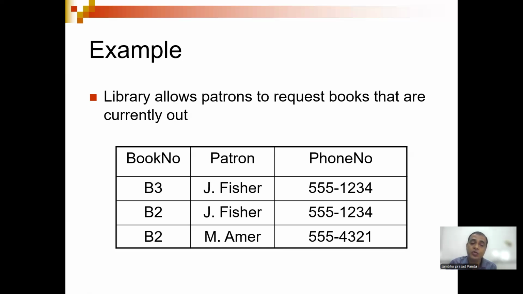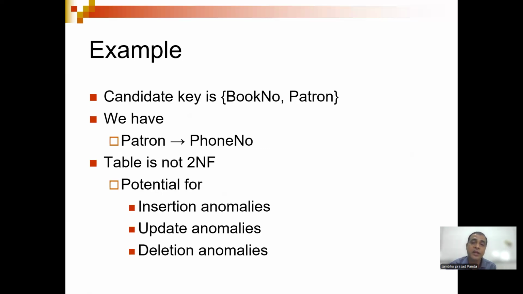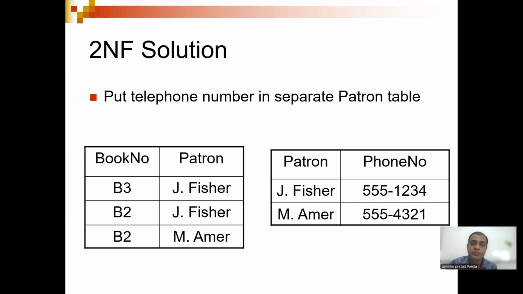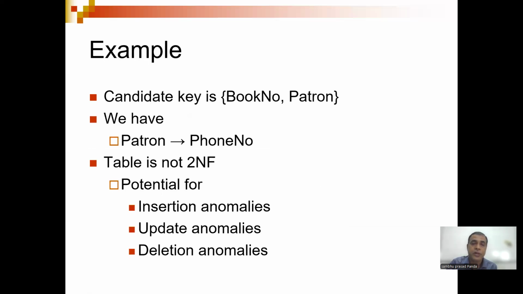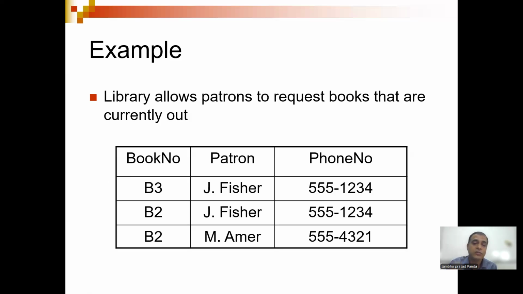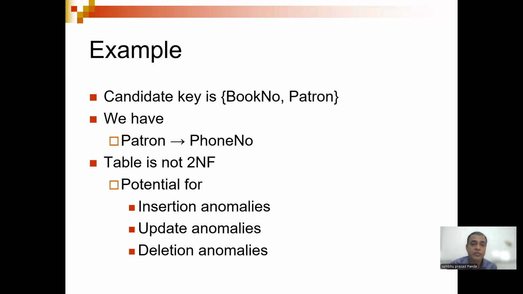So the first two rows are uniquely determined because they are repeated, and can be taken as one row. That's why patron determines phone number, because it is uniquely determining the values.